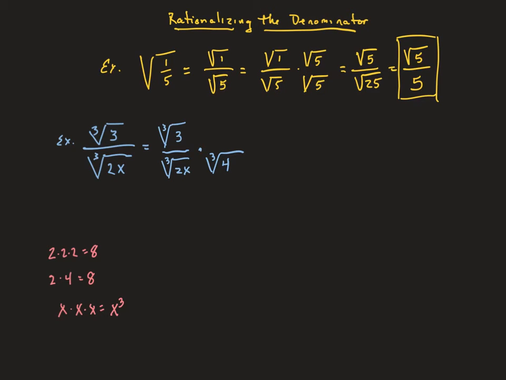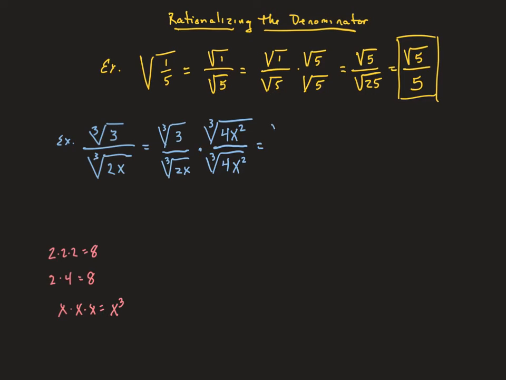Well, I need to multiply x times x squared in order to get a perfect cube. And then there we go. There I was able to find the information I needed to rationalize this denominator. So I'm going to multiply this expression by the cube root of 4x squared over the cube root of 4x squared.